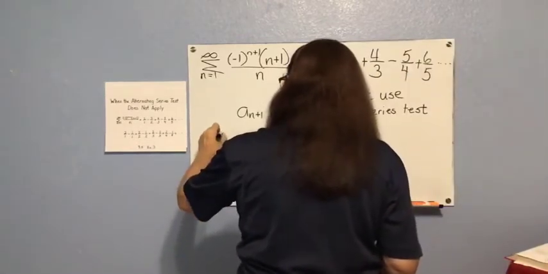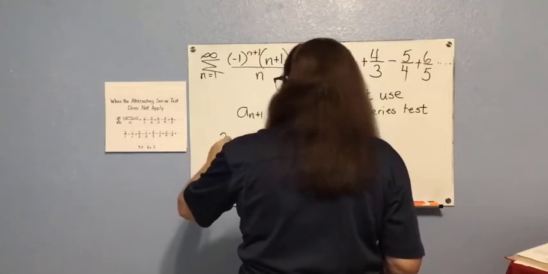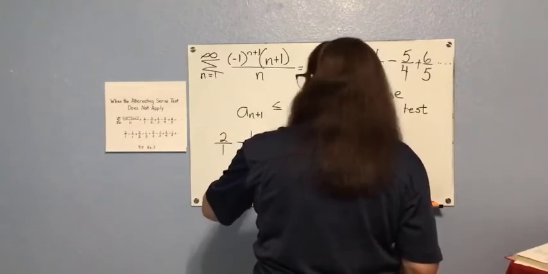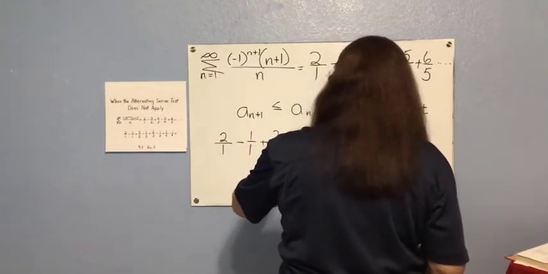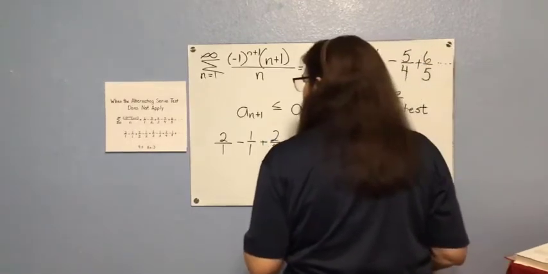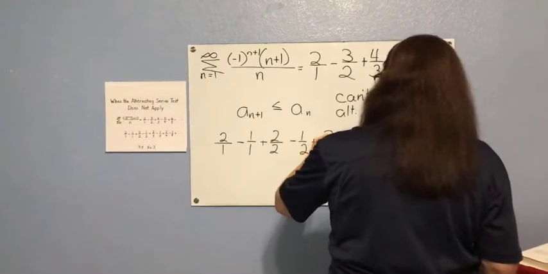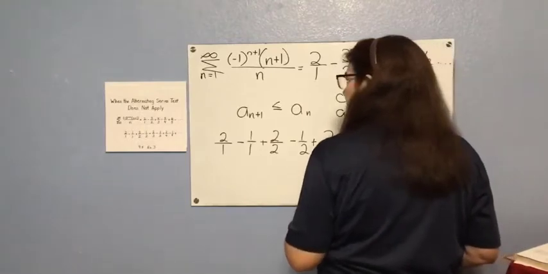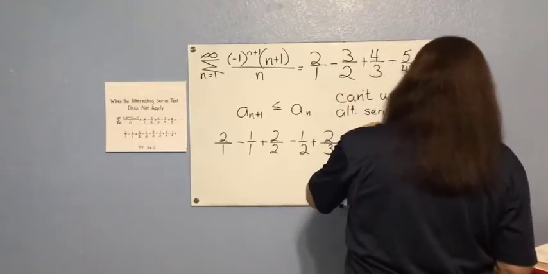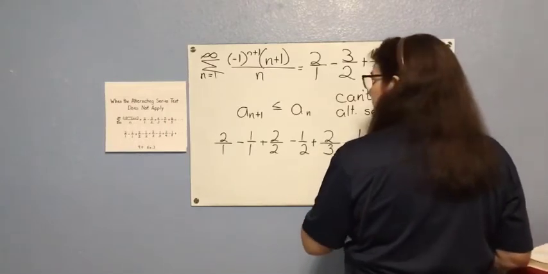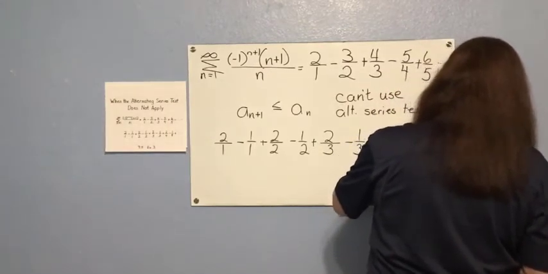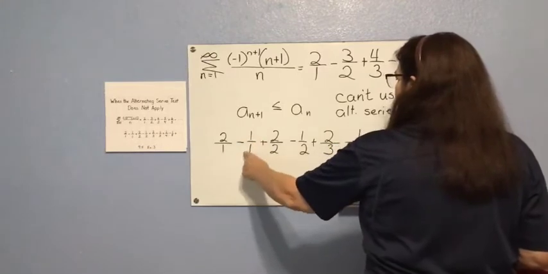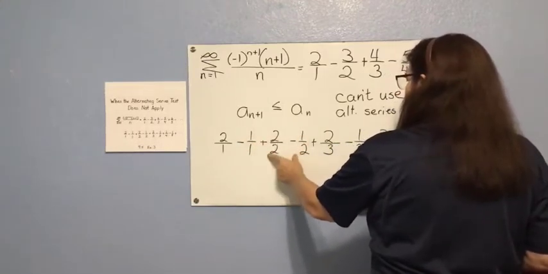Now if I have this series, okay, and you can see here 2 over 1 and 1 over 1, 2 over 2, 1 over 2.